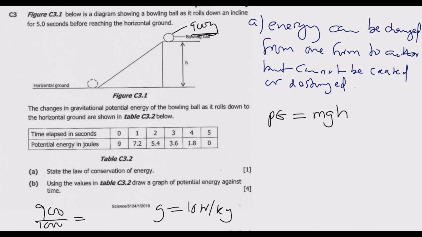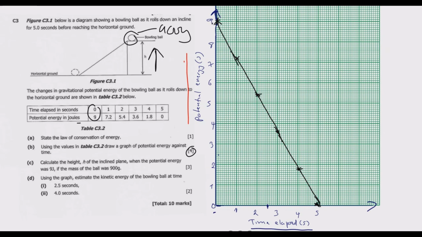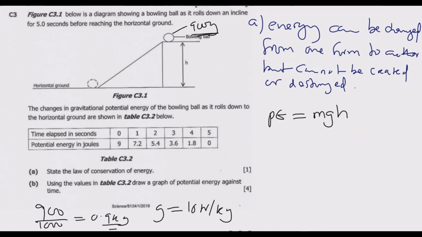So we end up with 0.9 kg. Then we know that the potential energy we are told was what? 900 joules.